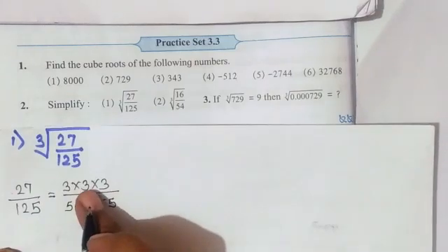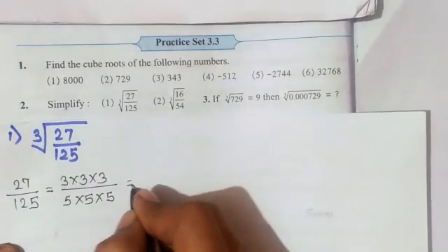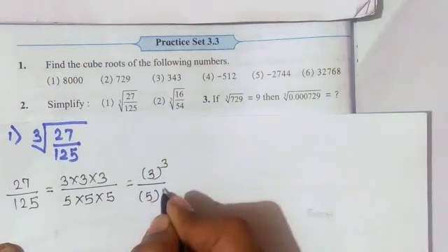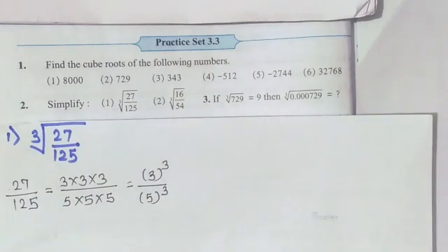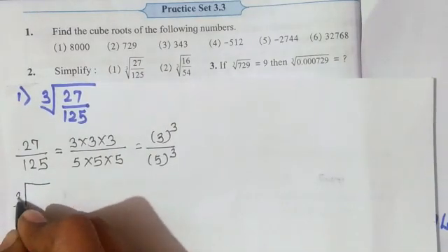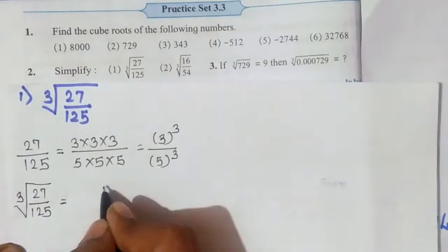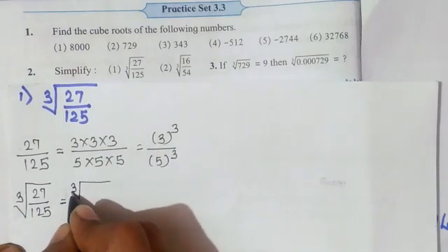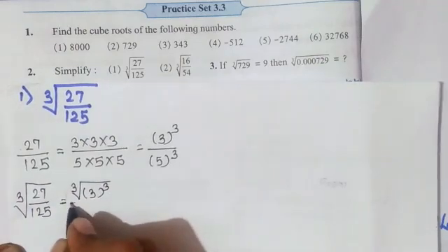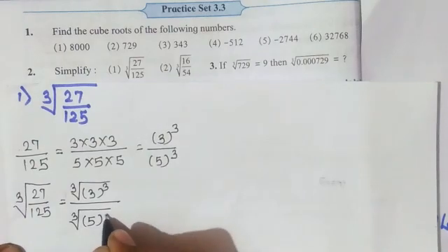So instead of 3 times 3 and 3 times 5, we can make it short. That is 3's cube and 5's cube. Now cube root of 27 upon 125 is equal to, we have to make separate cube roots, that is cube root of 3's cube and cube root of 5's cube.